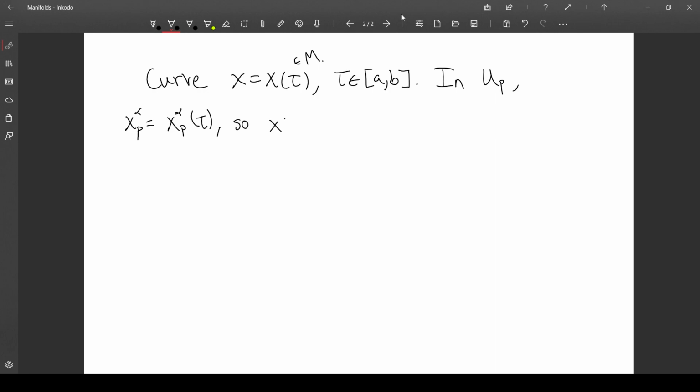And therefore, since the x alphas are functions from real to real, we can define, so I'll write it like this, d/d tau of x^1_P of tau through x^m_P of tau, right?